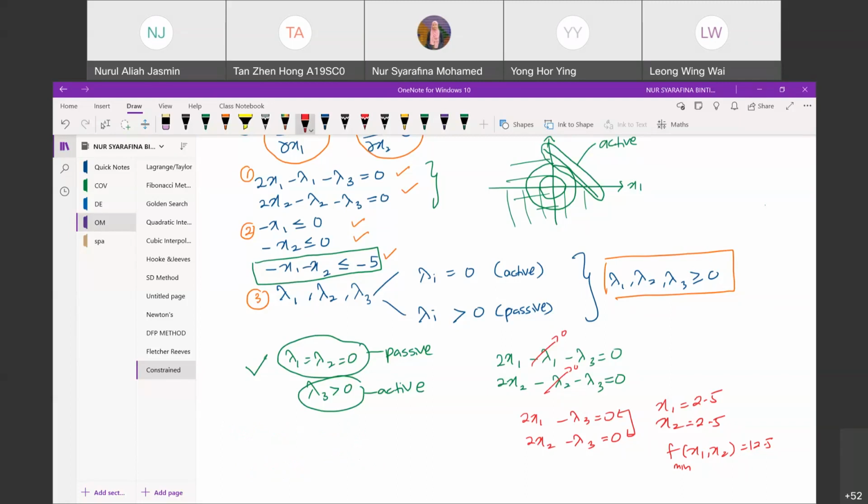But if you know directly from the figure which constraint touches the boundary, then it is an active constraint. Then we can assume the rest of the constraints are passive, where the value of lambda is 0, and we can find the values of x1 and x2. Clear now? Any question?